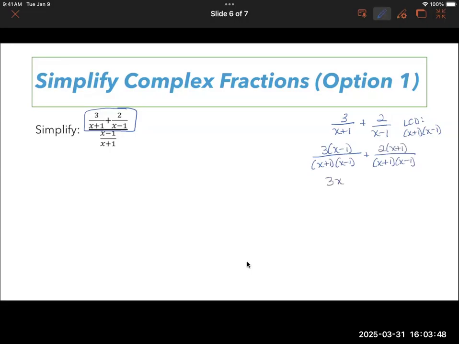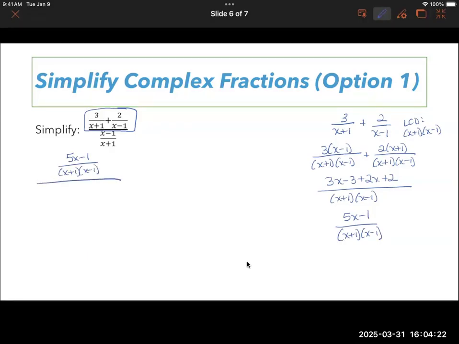And so 3x minus 3 plus 2x plus 2 over x plus 1, x minus 1. Combine our numerator and we get 5x minus 1 over x plus 1, x minus 1. So we are now going to use that as our first numerator, and all of that is still over x minus 1 over x plus 1. Okay.